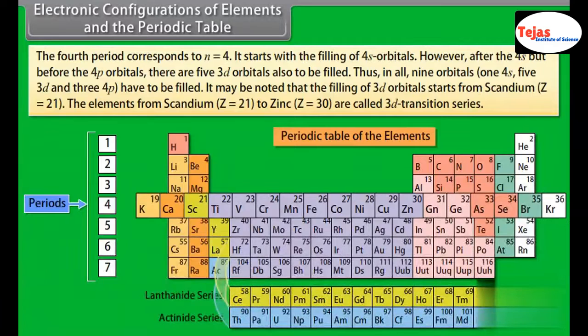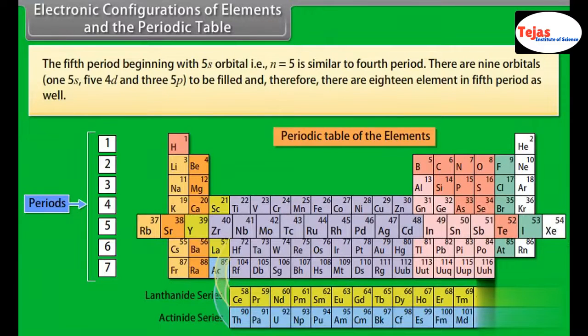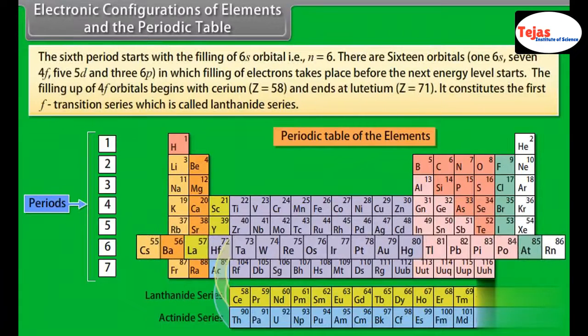3d transition series. The fifth period, beginning with the 5s orbital, that is, n equals 5, is similar to the fourth period. There are 9 orbitals, one 5s, five 4d and three 5p, to be filled, and therefore there are 18 elements in the fifth period as well. The sixth period starts with the filling of the 6s orbital, that is, n equals 6.